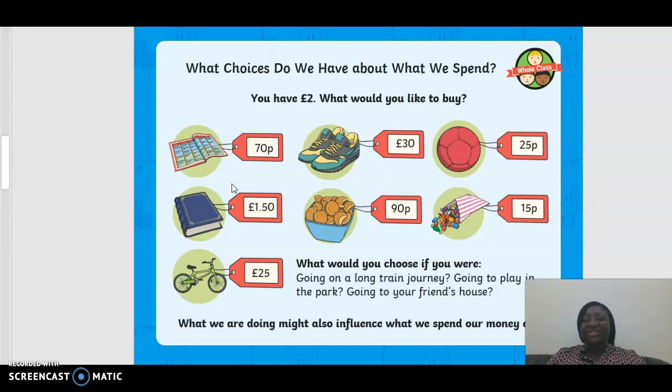I have equally attached a resource sheet to today's work where you have several options to decide from, and you choose what you will buy and keep a track of how much money you have spent on your shopping trip.